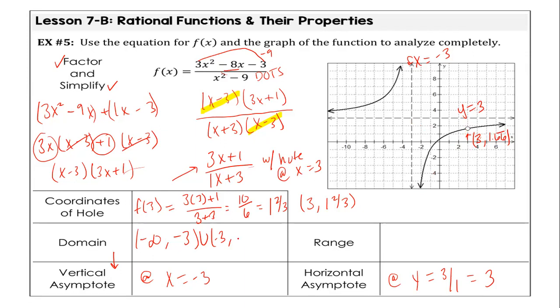Where's that hole at? 3 and 1. 3 is the domain, so we only look at the x. Then we get back over that hole and keep going, from 3 to positive infinity. That's my domain because x cannot equal -3 and x cannot equal 3.